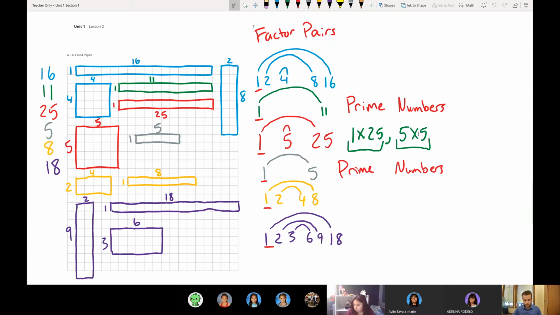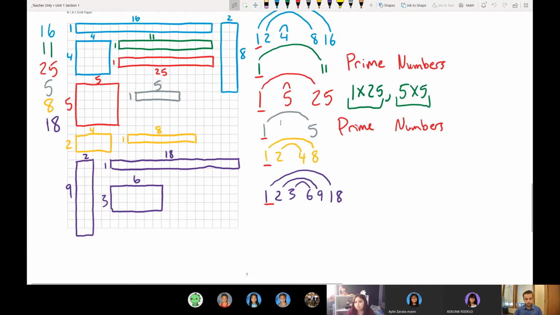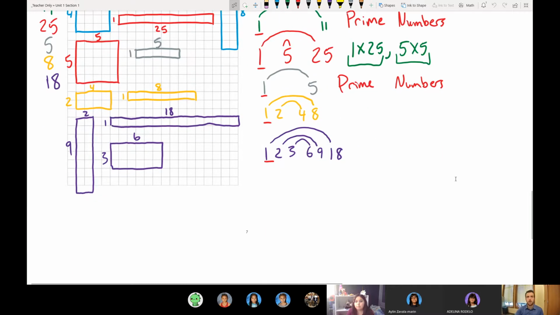Okay, I'm going to scroll down. If we were to try to find all the factor pairs of 12, how would we do it using the rainbow method? And what would they be, and how many factor pairs would we have? So let's take it one at a time. What are the factor pairs, first and foremost, of, what do I say, 24 or 12? 12.